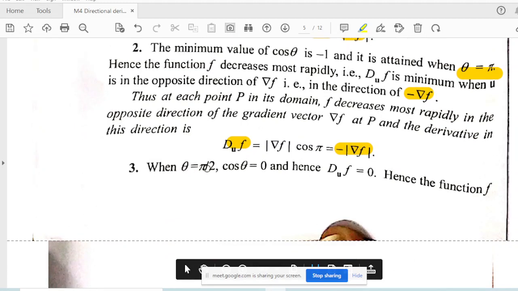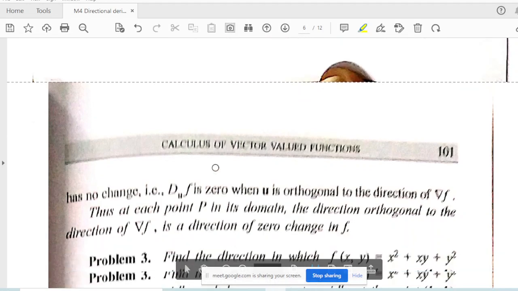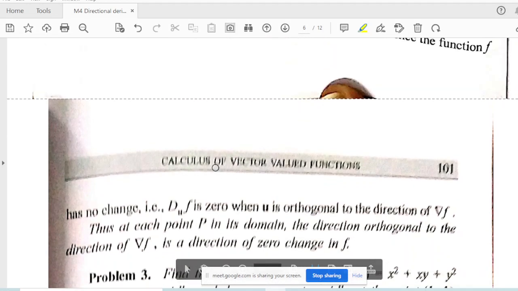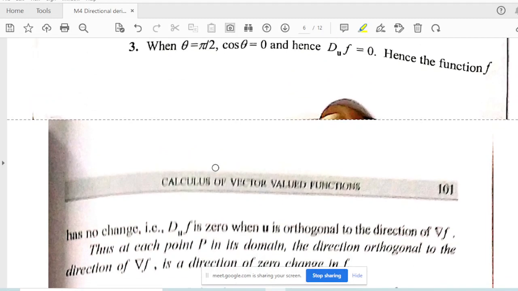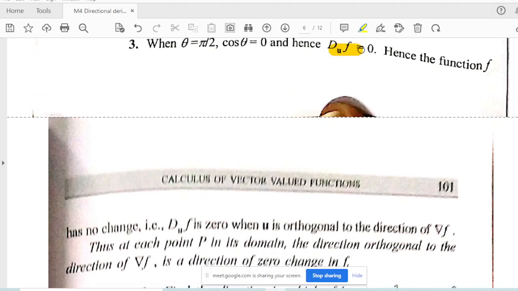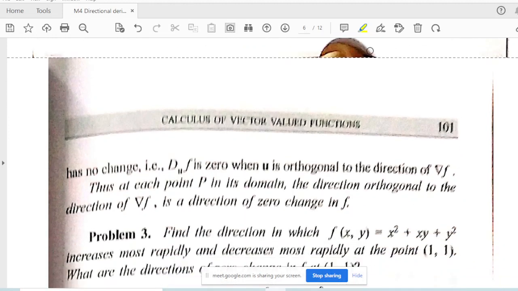When theta equals pi by 2, putting it in the same formula, we get 0, because cos pi by 2 is 0. So the directional derivative will be 0. So these are some important properties.